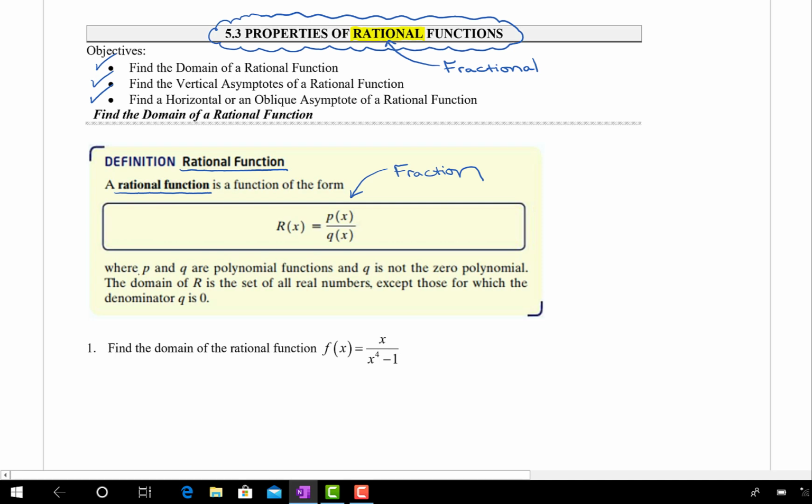So anything that can be written in the form of a fraction is a rational function, where p and q are polynomial functions, and q is not the zero polynomial, because otherwise it would be undefined, and the domain of r is the set of all real numbers except those for which the denominator q is 0, because then that would be undefined. So here p of x and q of x are each going to represent polynomial functions, right?